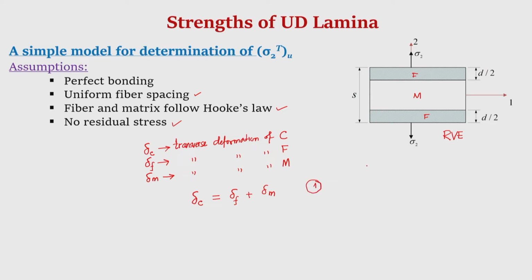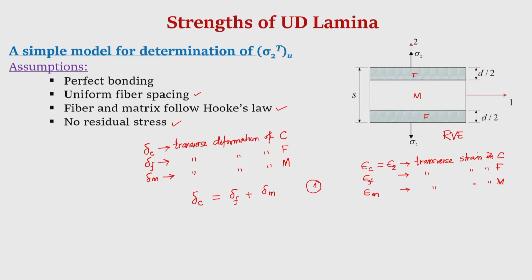Now, suppose epsilon c, which is nothing but the strain in direction 2, is the transverse strain induced in the composite. Epsilon f is that induced in the fiber and epsilon m is that induced in the matrix.